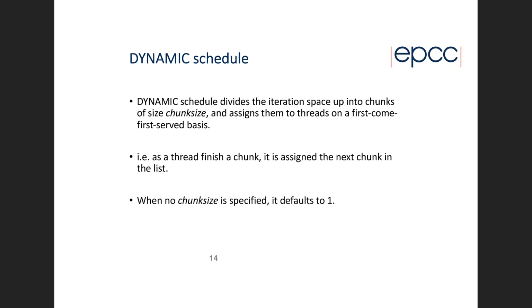So whenever a thread finishes a chunk, it gets assigned some other chunk in the list. And if we don't specify a chunk size, then it will default to 1. So we will do just a straight cyclic decomposition of the iteration space across the threads.